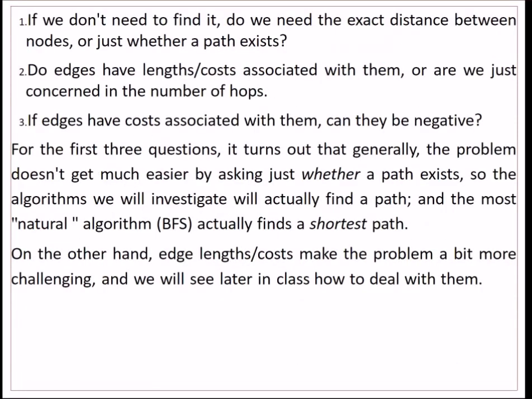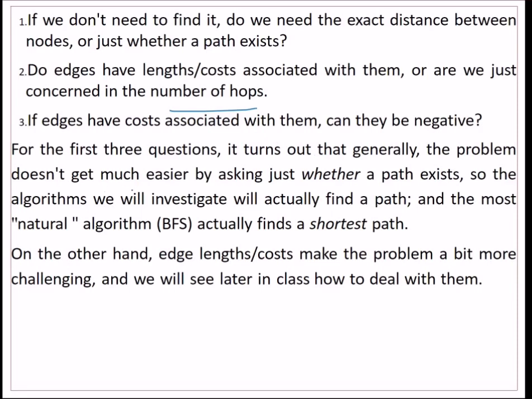And if we don't need to find it, do we need the exact distance between nodes or just whether a path between the two points exists? And do edges have length or cost associated with them, or are we just concerned with the number of hops? Or rather, edges have costs associated with them, and can they be negative? So all these questions turn out quite general.